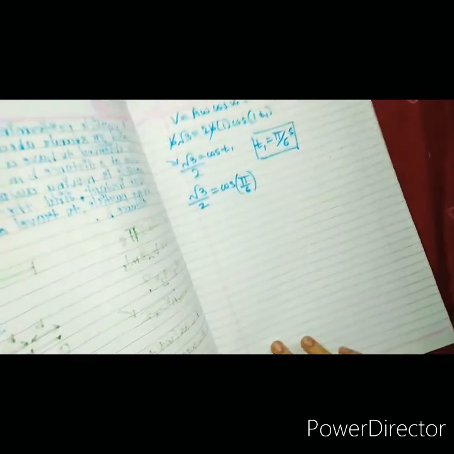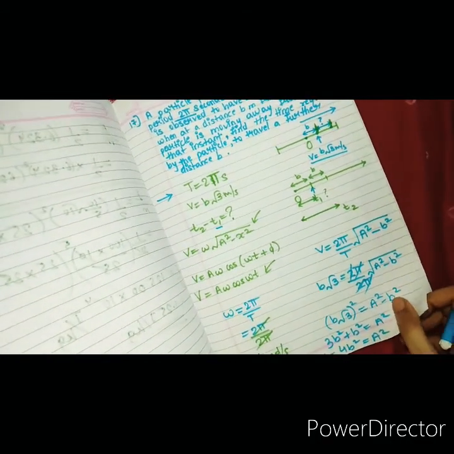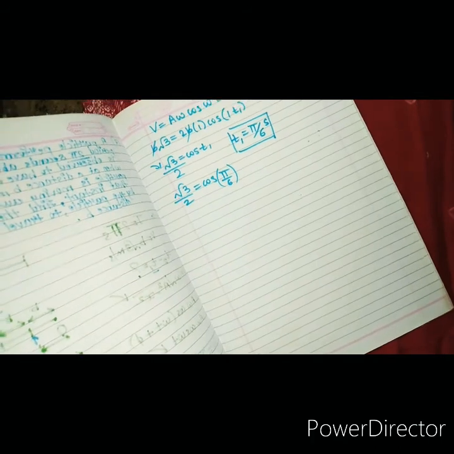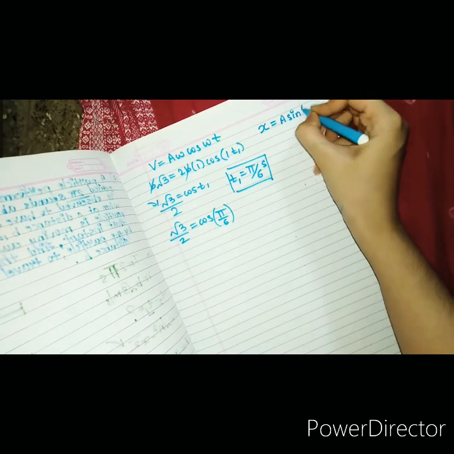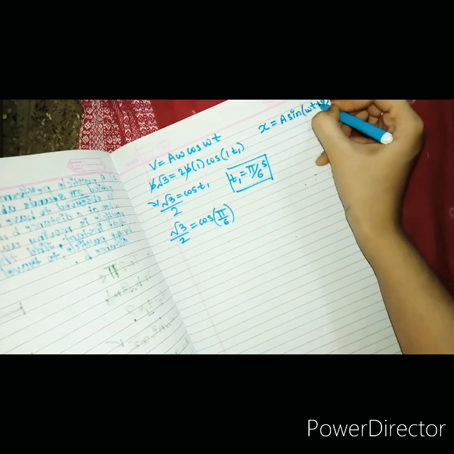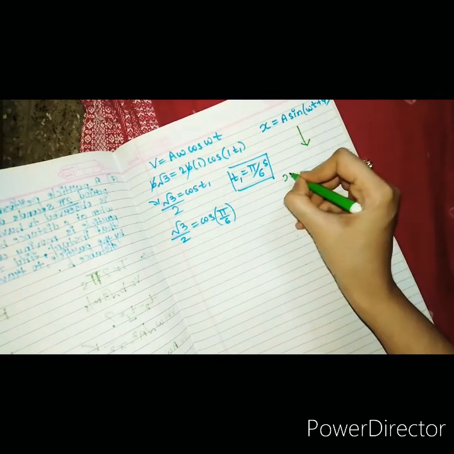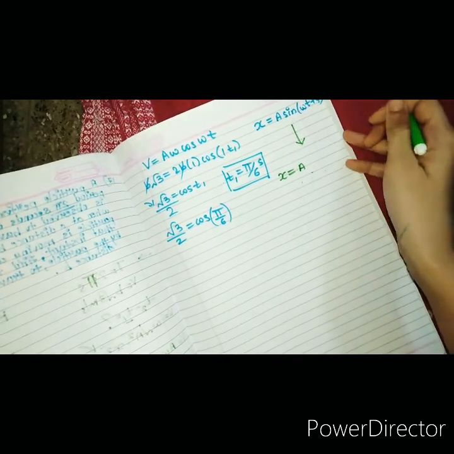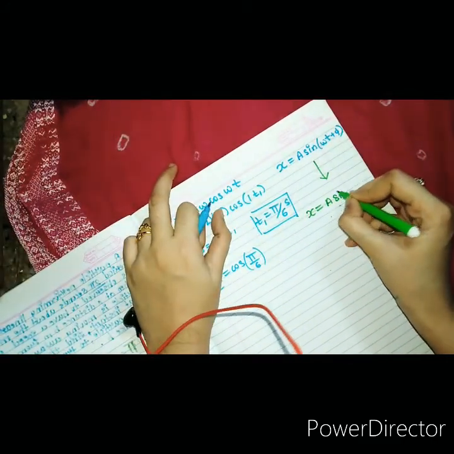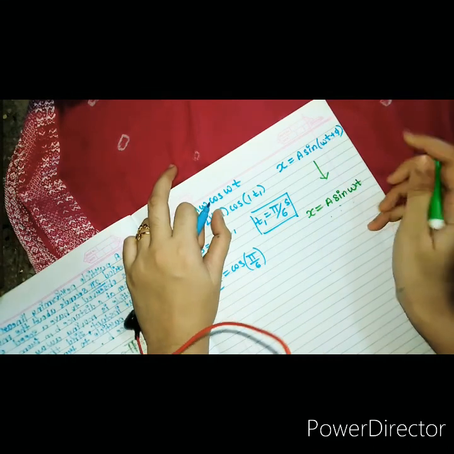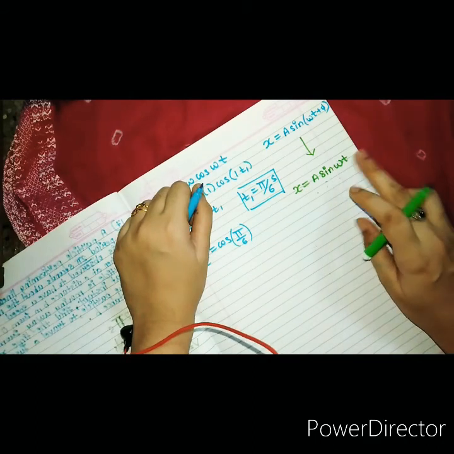Now what else? I want t2. For t2, I can use this formula, x is equal to a sine of omega t plus phi. That converts into x is equal to a sine omega t, because we take phi as 0 whenever it starts from the mean position.